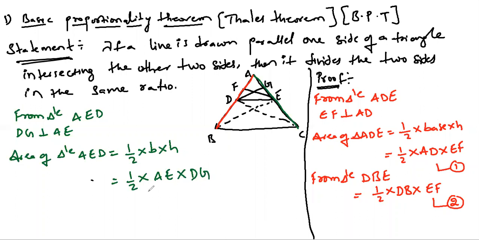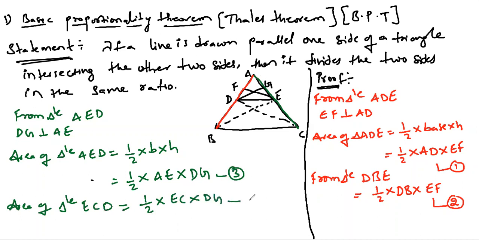Okay. Next, another one. This we write as 3. And area of triangle ECD is equal to half into, now what is the base here? EC is the base and height is always DG for this entire line.